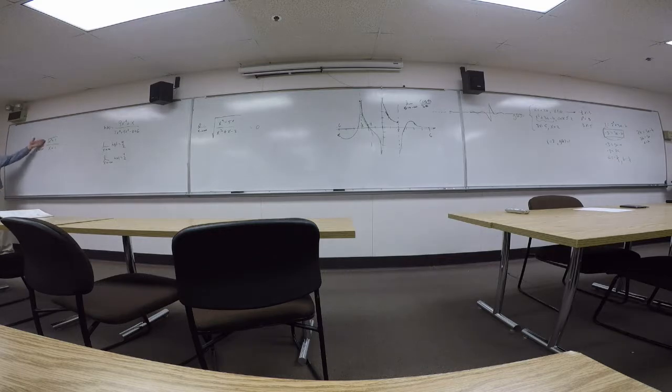Coefficient-wise, how do the coefficients behave? This behaves very close to x over x. Not exactly, but pretty close. Because this is negative, this is positive, leading coefficient in each case is 1.